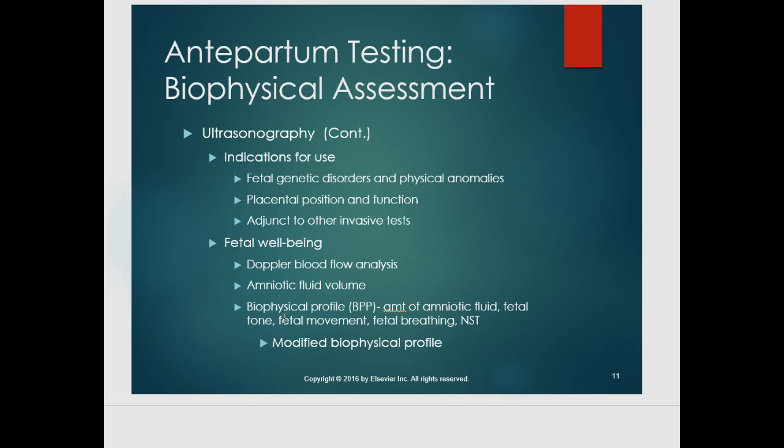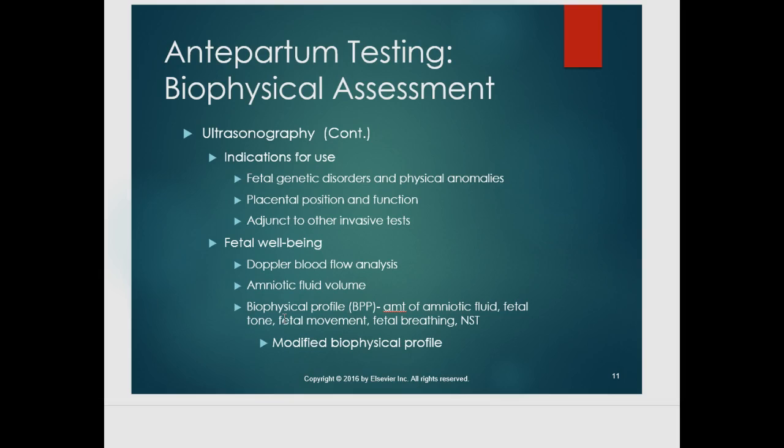So if someone has a non-reactive non-stress test, this is an area of concern. So we follow that up with a biophysical profile. The biophysical profile is an ultrasound that has 4 parameters. It's the amount of amniotic fluid. And you guys, there should be enough amniotic fluid for the baby to breathe and to ingest and urinate.